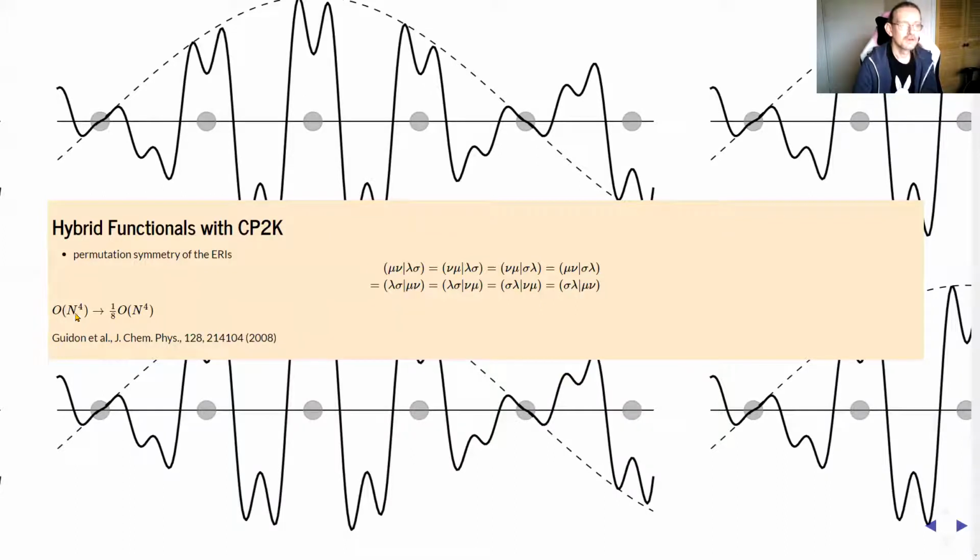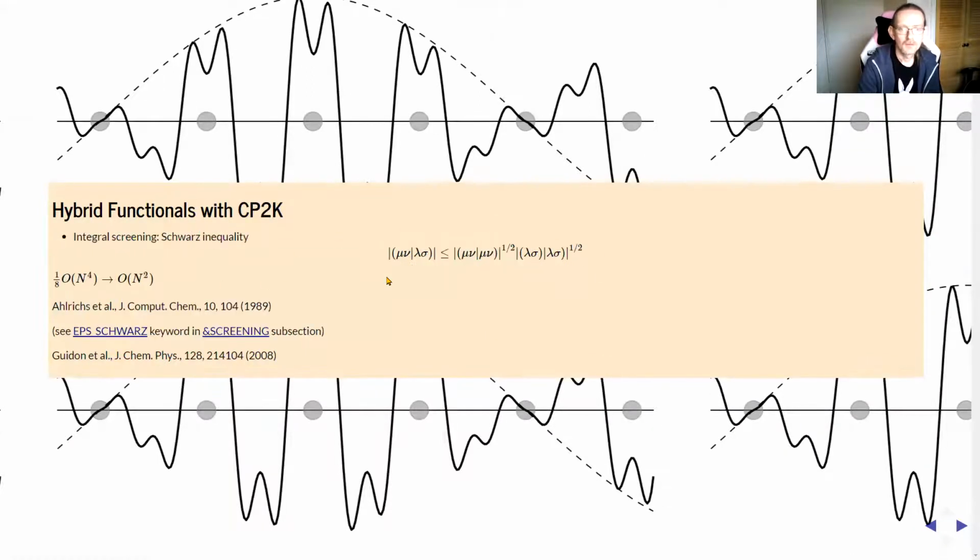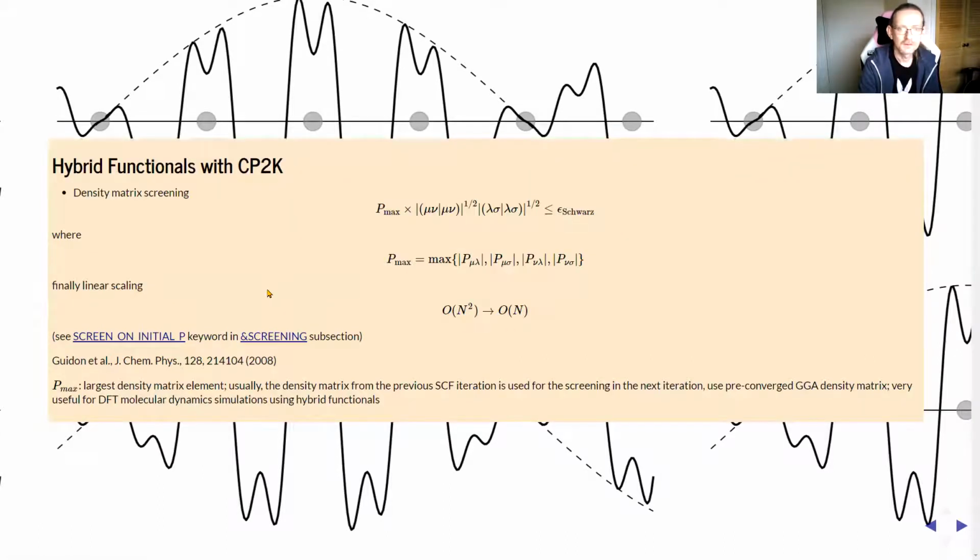So naively, there's an N-to-the-4 scaling in terms of calculating all of these exchange interactions. But by various screening methods, you can reduce this down to a linear scaling calculation of the matrix elements. But still, this can be very expensive.